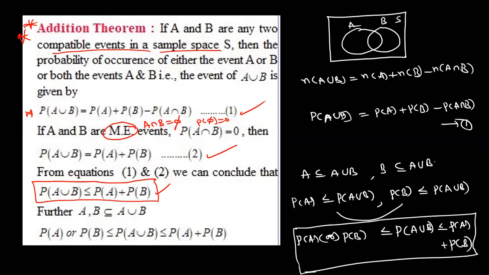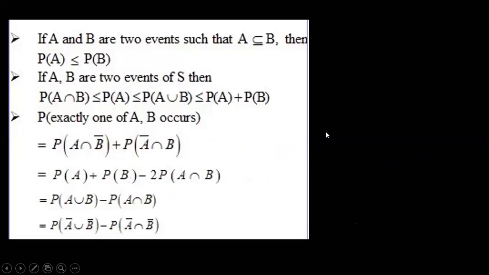P of A union B is how much? Maximum is 1. That's the meaning. See, so these are very, very important, dear students. Get ready now. A lot of practice is required.